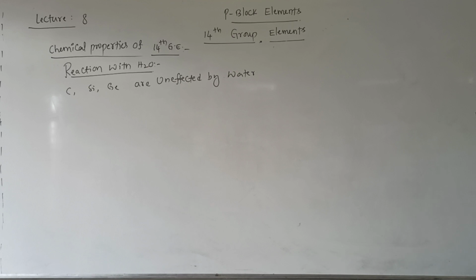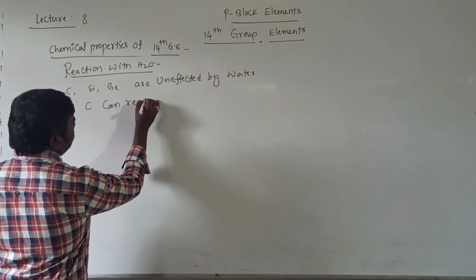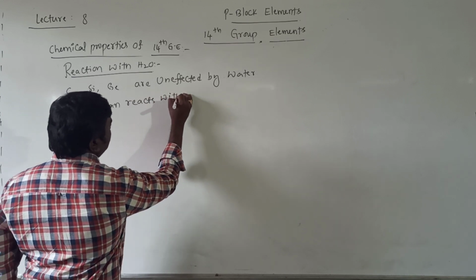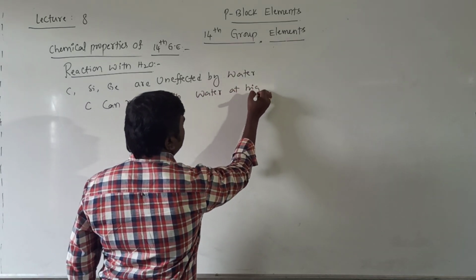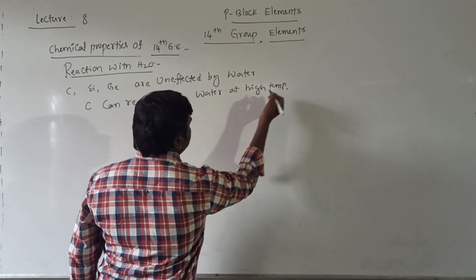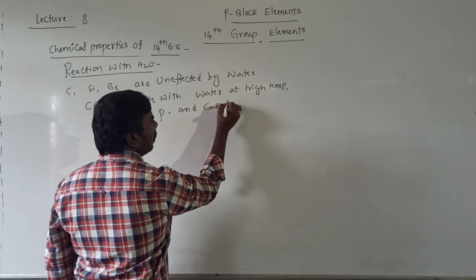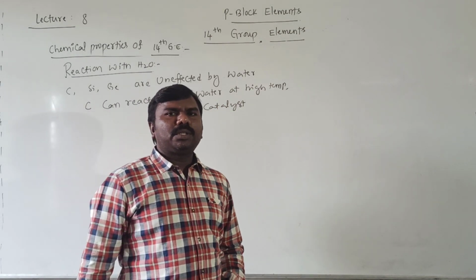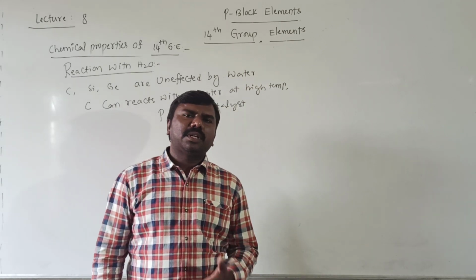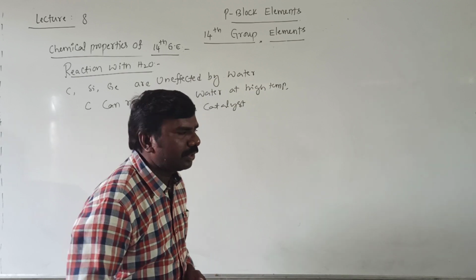Carbon can react with water at high temperature, pressure and in presence of catalyst. It means you need to mention this many conditions to make the reaction between carbon and water because of its high ionization enthalpy values.